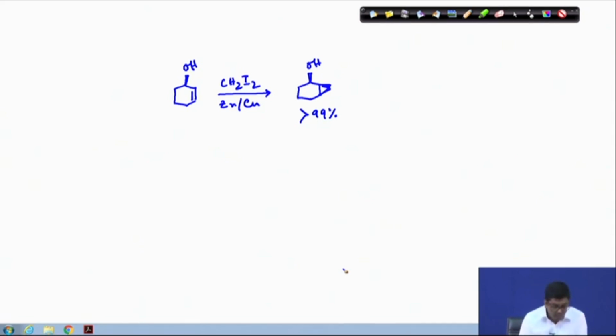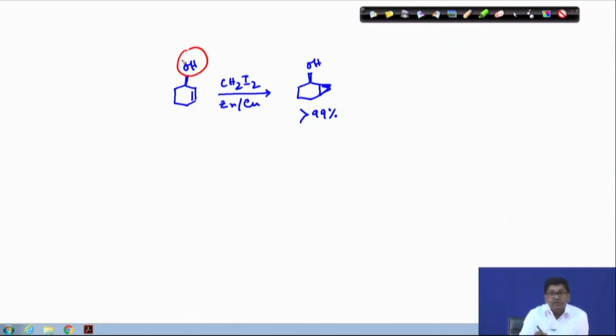So, why is this reaction only giving this product? The probable reason behind this selectivity is the coordination between the heteroatom, here the oxygen, and the zinc atom. Coordination between this zinc atom and this hydroxyl group in the transition state explains this stereoselectivity.